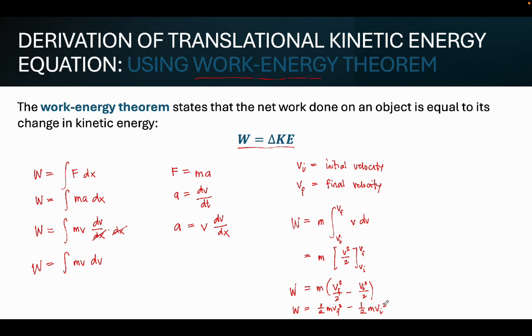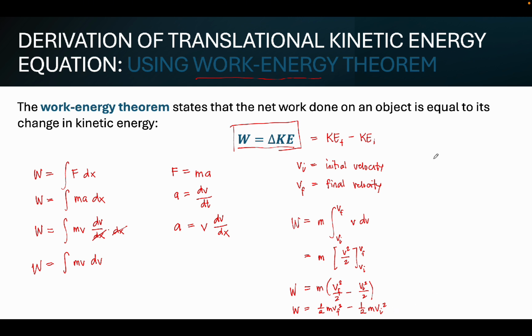Since work is equal to the change in kinetic energy, we can also have it as KE final minus KE initial. So we have work is equal to 1/2 m vf squared minus 1/2 m vi squared.